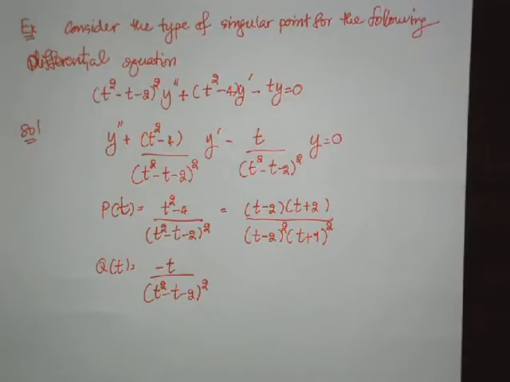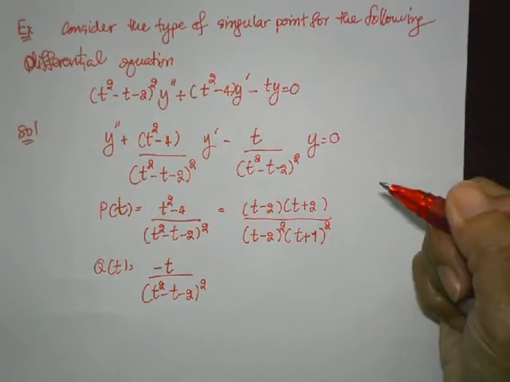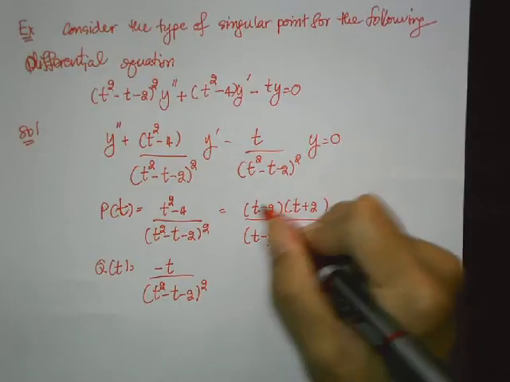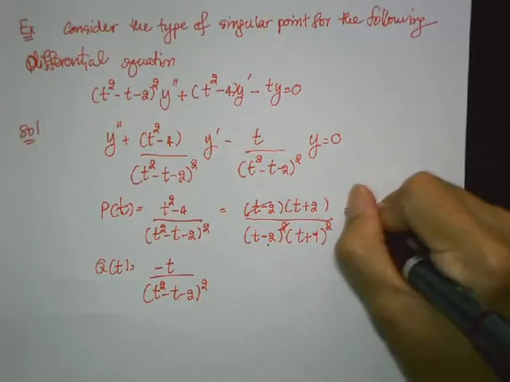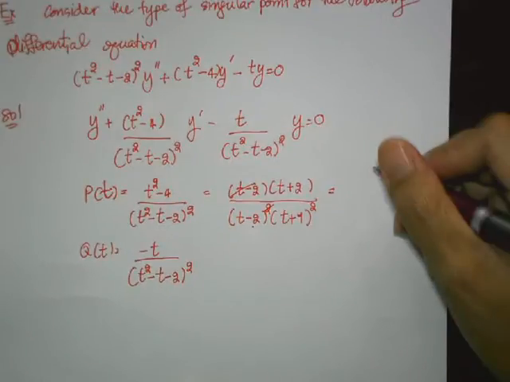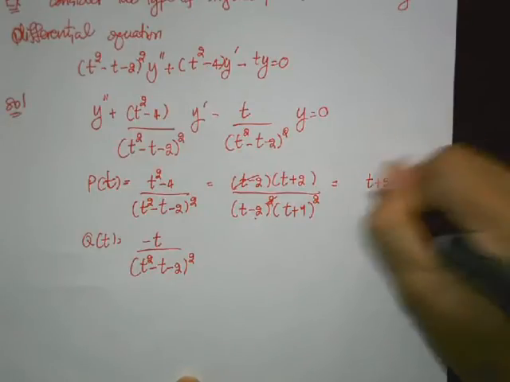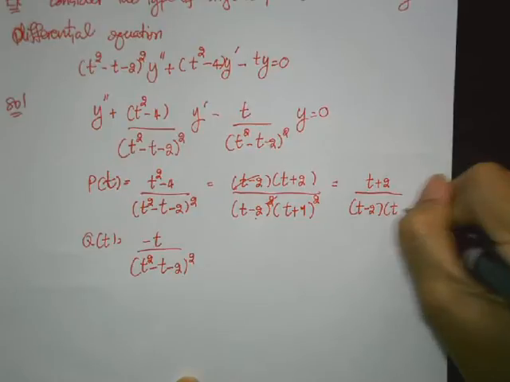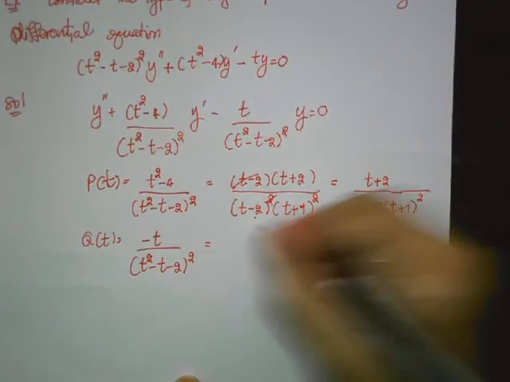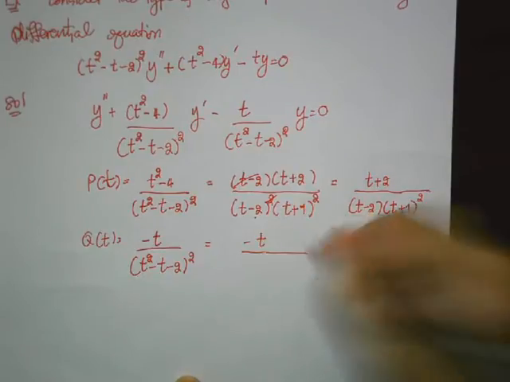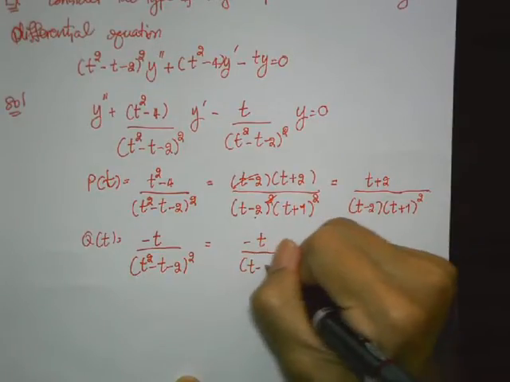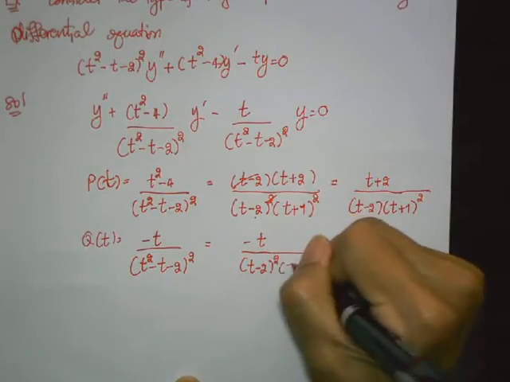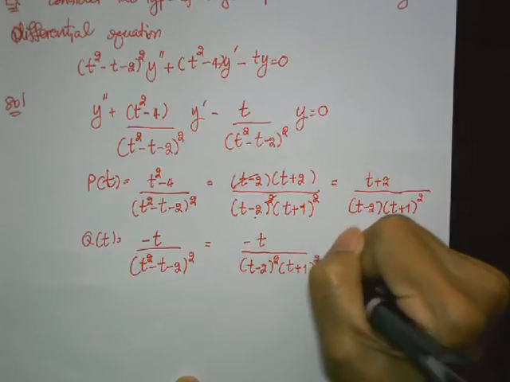This term and this term are the same, so just cut it out. So we get p(t) is equal to t plus 2 divided by t minus 2 times t plus 1 squared. And down here we get q(t) equal to minus t divided by t minus 2 squared times t plus 1 squared. Any questions?